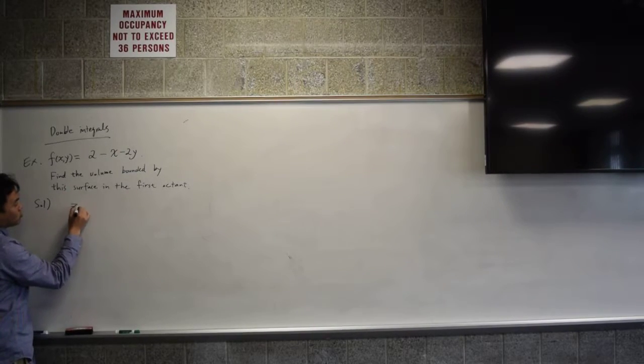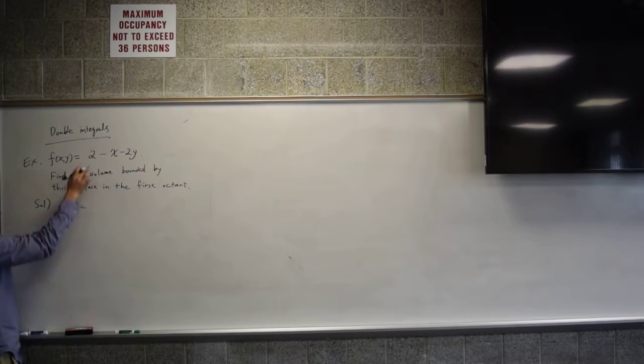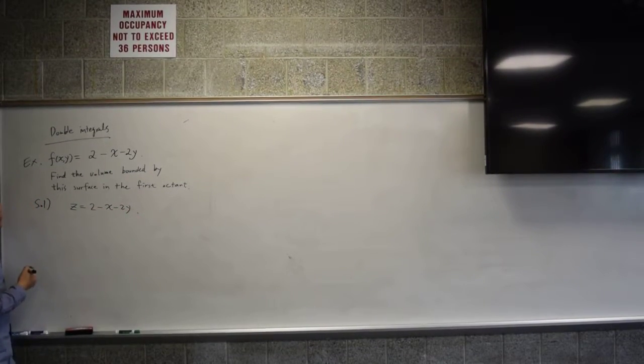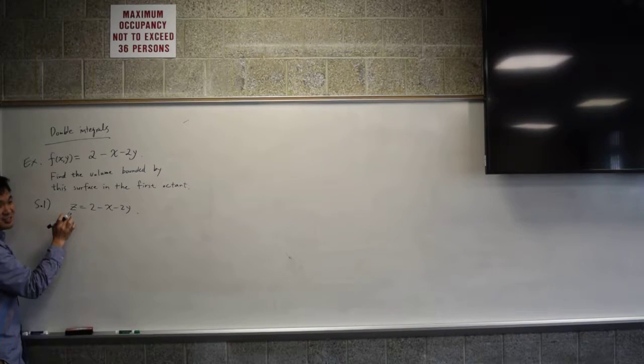So let's try to draw the graph. The graph is z equals the function. All right. Do you know what kind of surface this is in 3D? Paraboloid? No, no way.